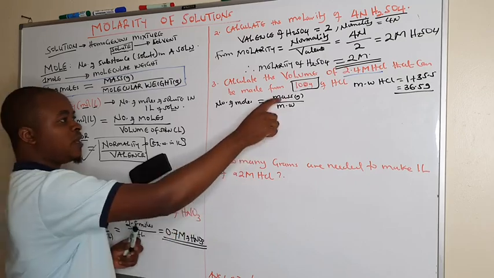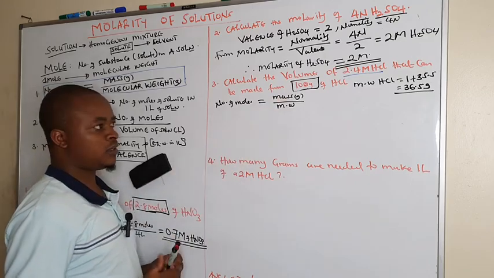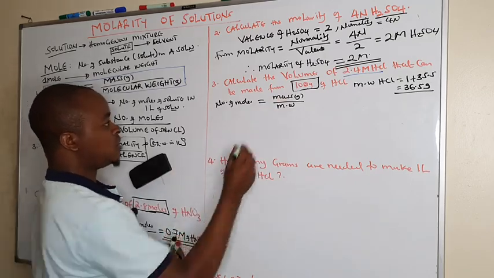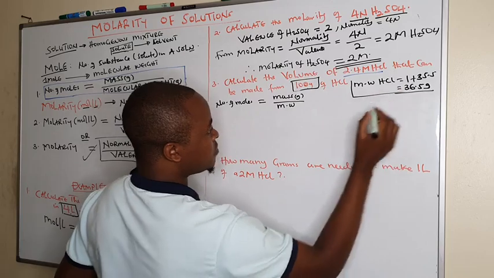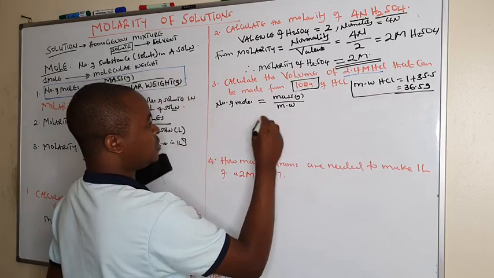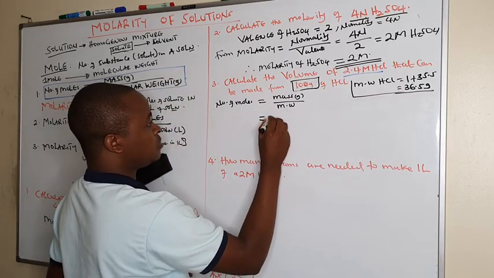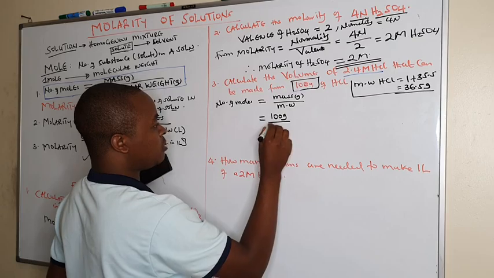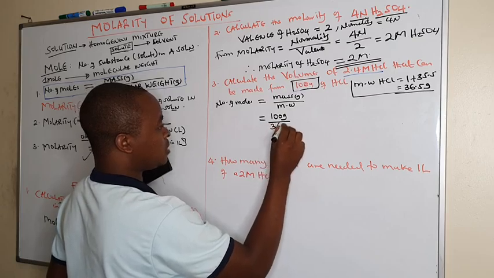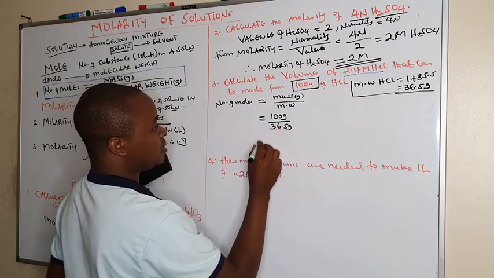So since I have mass as 100 grams and I have molecular weight, to get number of moles, it is equal to mass, which is 100 grams, divided by molecular weight, which is 36.5 grams.